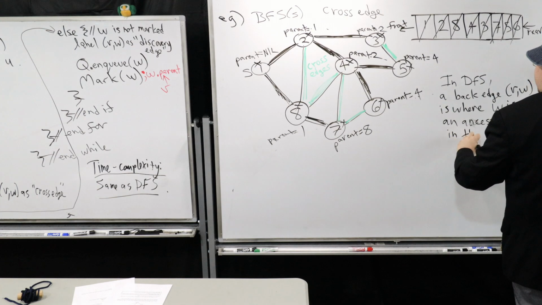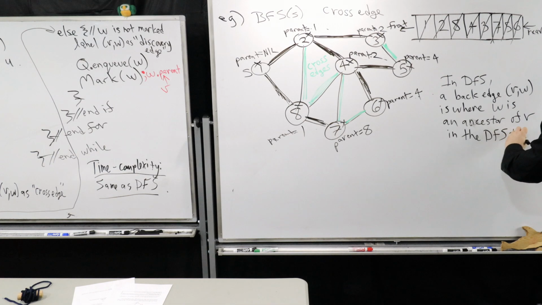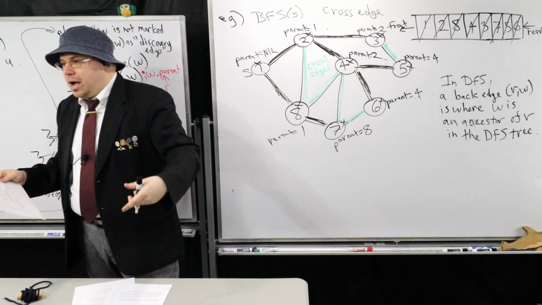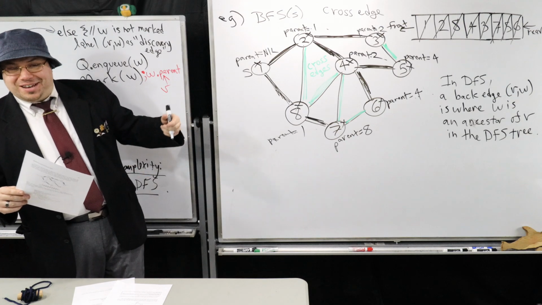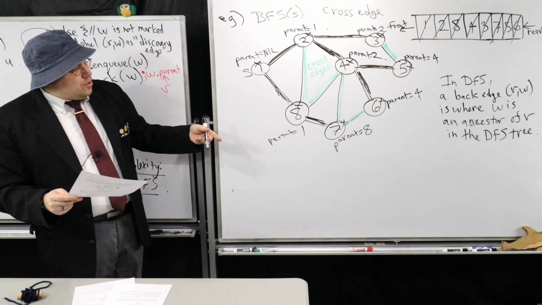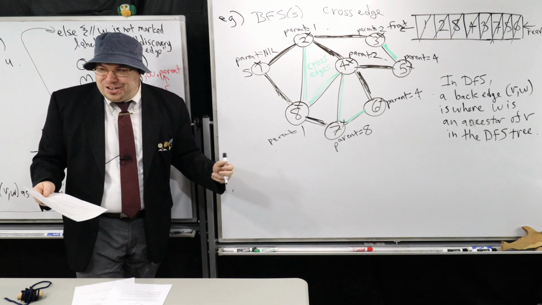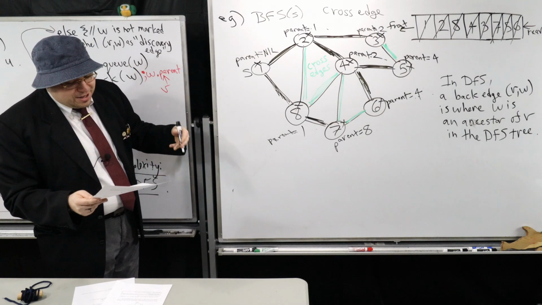So if you pull out the DFS tree and look at the back edge, there's actually this relationship that happens with the back edges. If you look at one of them, one has to be the ancestor of the opposing endpoint across on the other side of the back edge. So you might ask, okay, that's what a back edge is. That's one feature of a back edge. We talked about a couple things we could do with back edges. What about a cross edge?